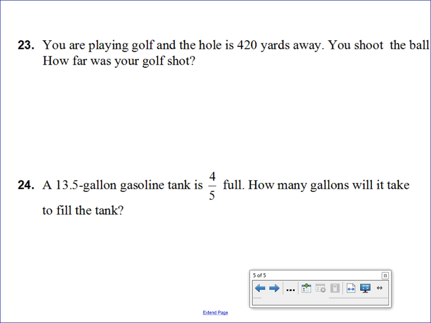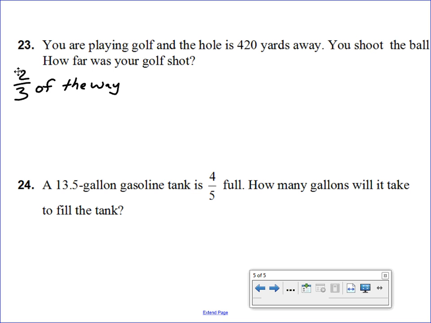So you're playing golf. The hole is 420 yards away. You shoot a ball, and it goes 2/3 of the way. I'm going to write 2/3 of the way. How far did you shoot?